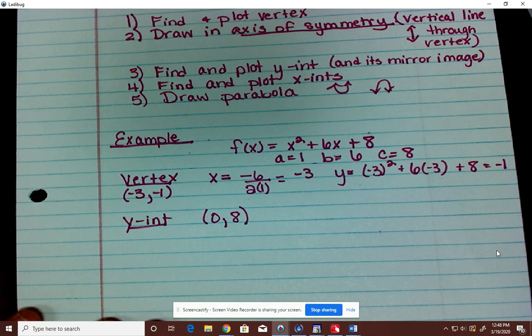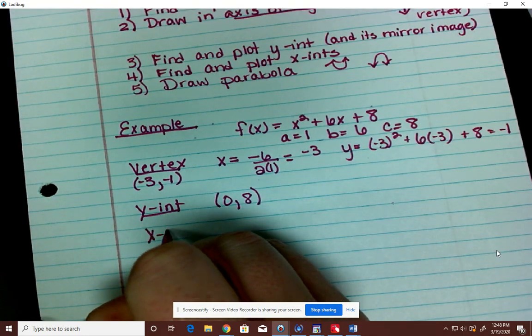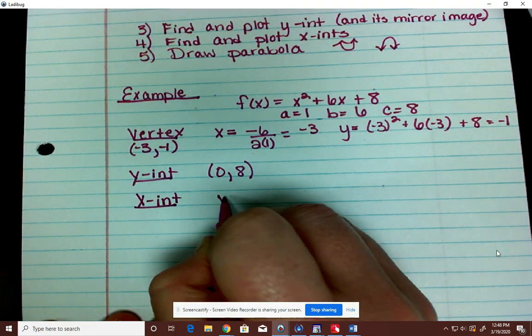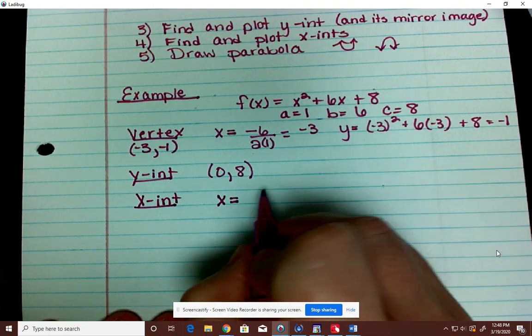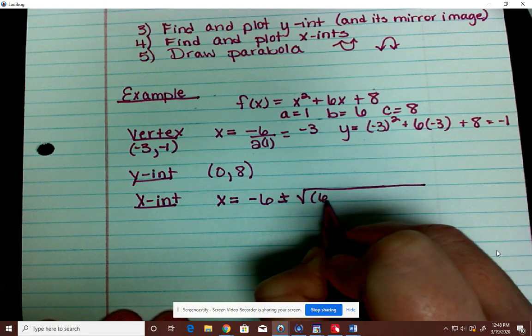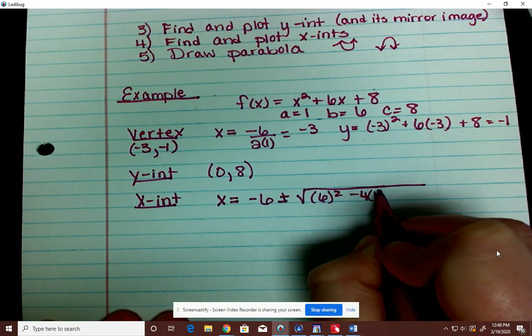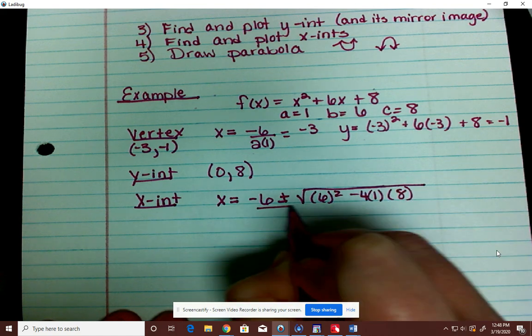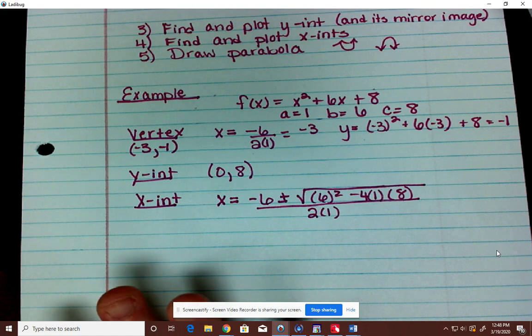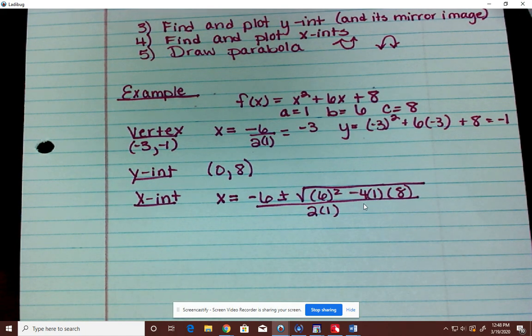Alright, then I'm going to find my x-intercepts doing quadratic formula. So I do -b plus or minus the square root of b² - 4ac, all over 2a. I'll pull up Desmos so we can take a look again at how you put that in there.